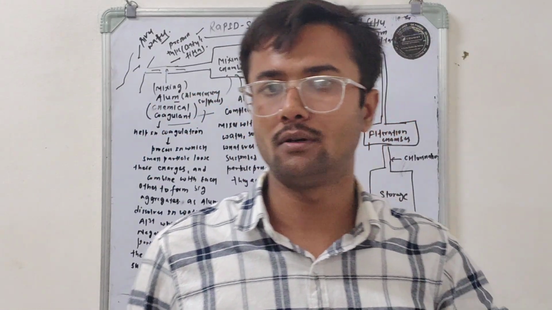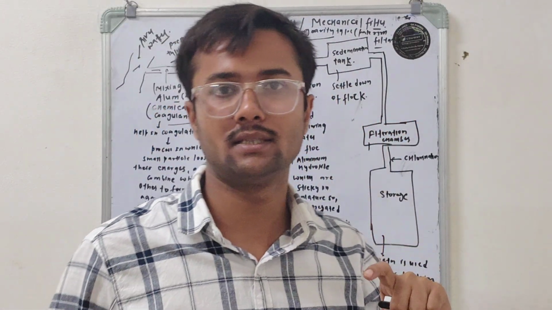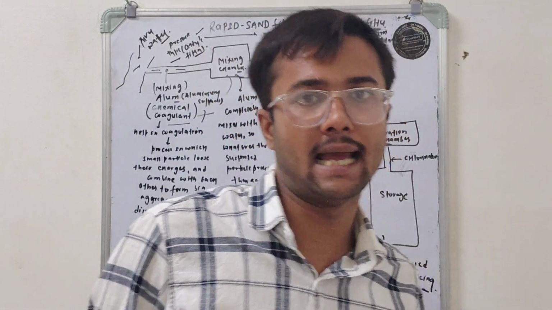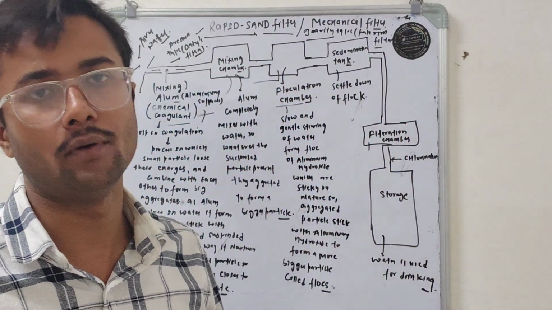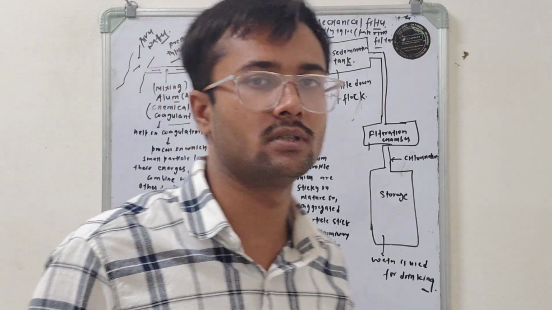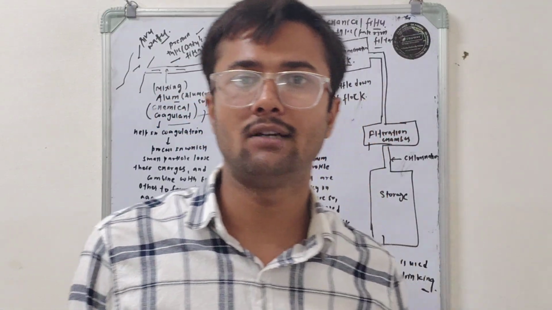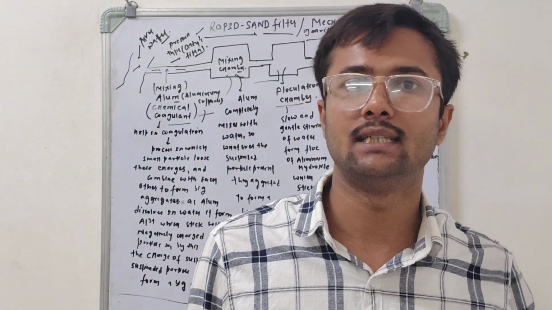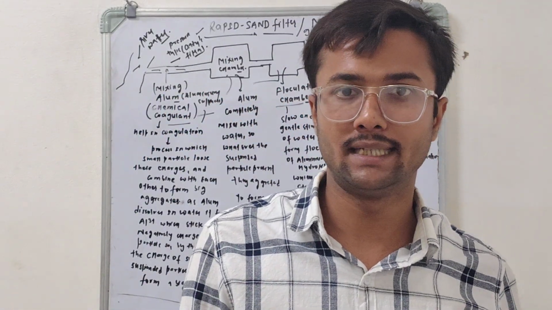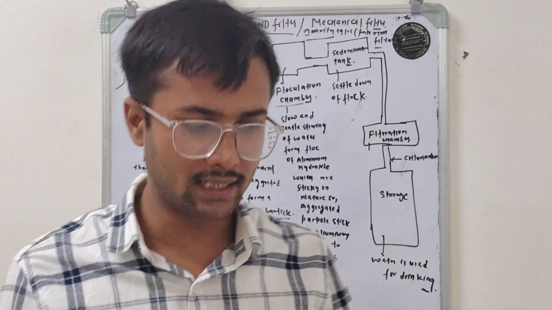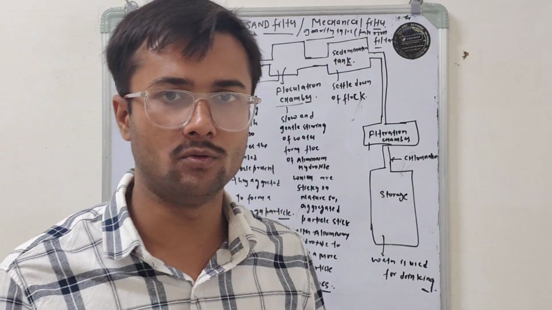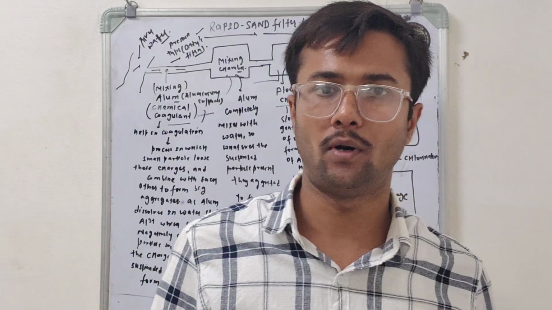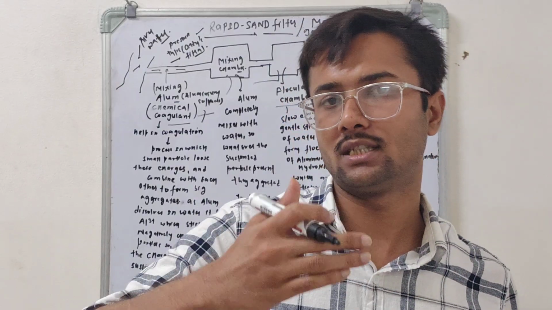Due to the stirring of water by the paddles, one more compound forms from the alum, and the name of this compound is aluminum hydroxide. This aluminum hydroxide acts as the flocculating agent. What is the meaning of flocculating agent? A flocculating agent is a jelly-like, sticky compound, so other particles stick over it.